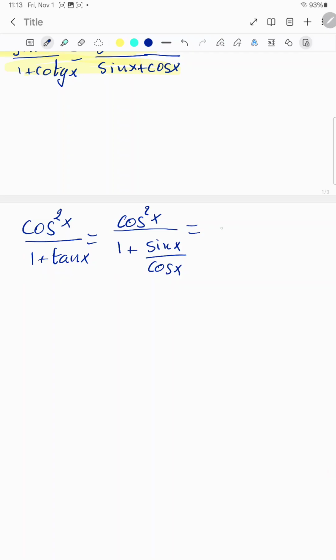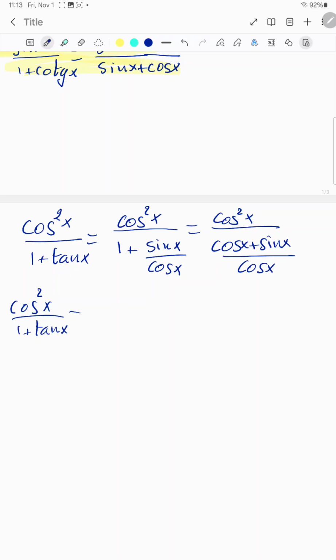Common denominator in the denominator, it becomes cosine square of x divided by cos of x plus sine of x divided by cos of x. And so my cos square of x over 1 plus tan of x is equal to cos to the power of 3, same logic that I did before, divided by sine of x plus cosine of x.